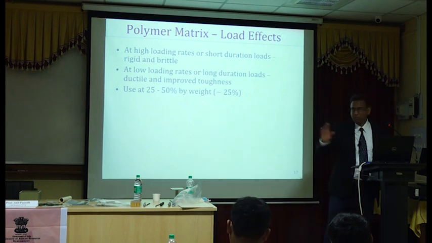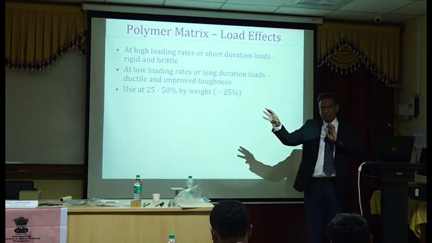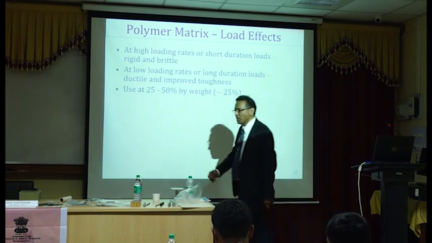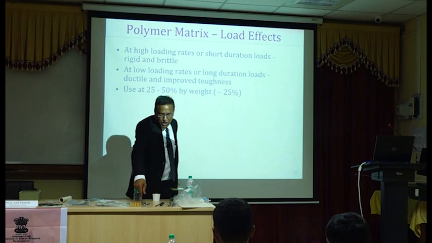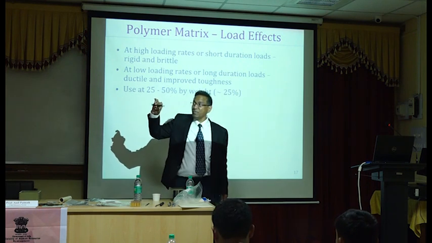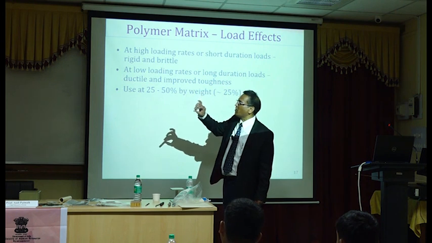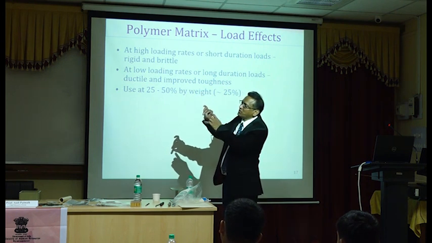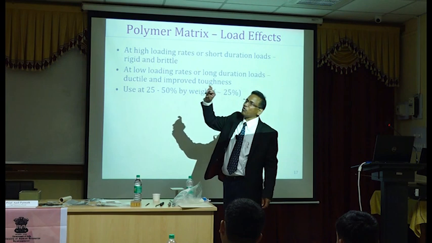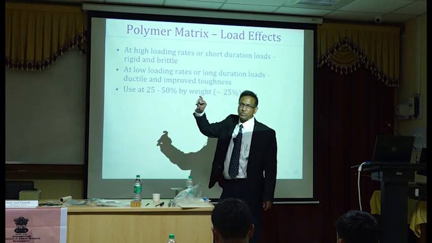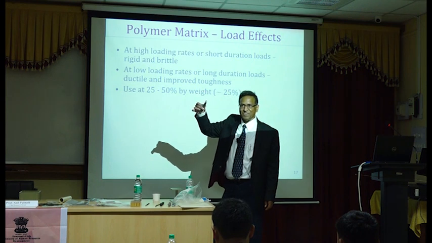So you can use 50% matrix and 50% fiber by volume in a composite. If you cut a section through one of these bars, this bar actually has high volume fraction. It's 65%. This is a different kind of bar. You cut a section, you'll see 35 to 40% of this will be matrix, other 60% will be fiber.